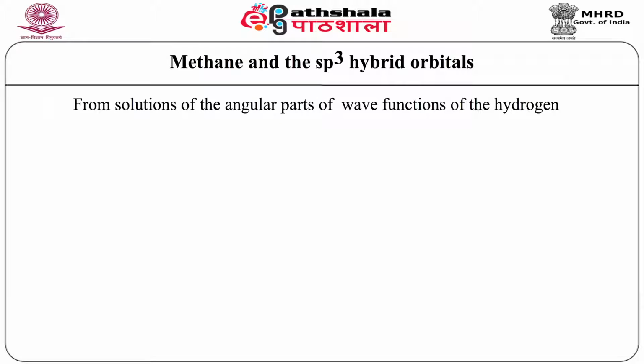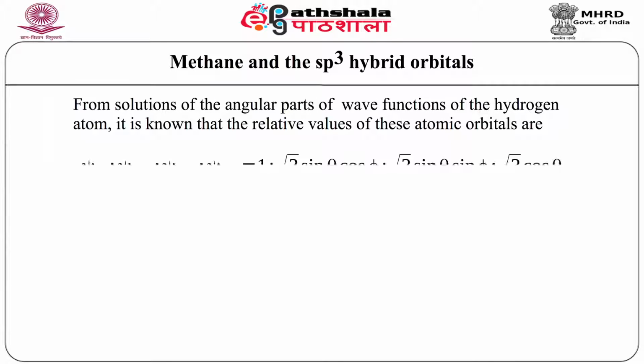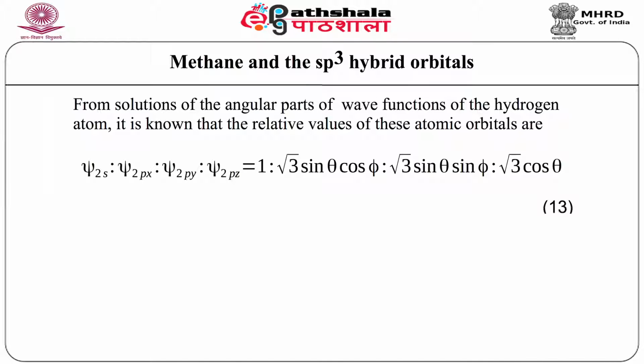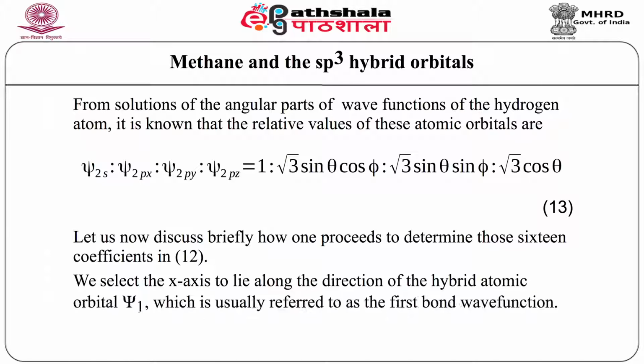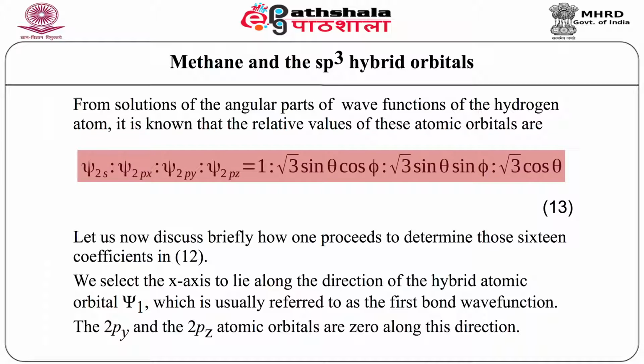From solutions of the angular parts of wave functions of the hydrogen atom, it is known that the relative values of these atomic orbitals are Ψ2s : Ψ2px : Ψ2py : Ψ2pz equals 1 : root 3 sin theta cos phi : root 3 sin theta sin phi : root 3 cos theta.